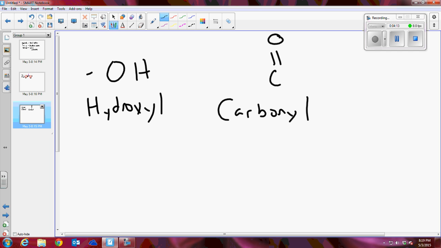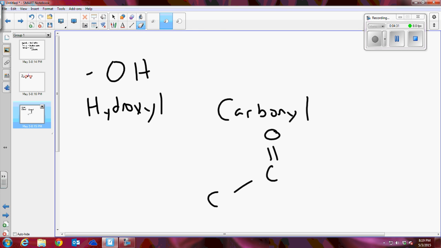And a ketone is when it is located in the middle of the molecule, like this. And an aldehyde is when it's located on the end of the molecule, like this. That's an aldehyde. So aldehyde, ketone, two types of carbonyls.